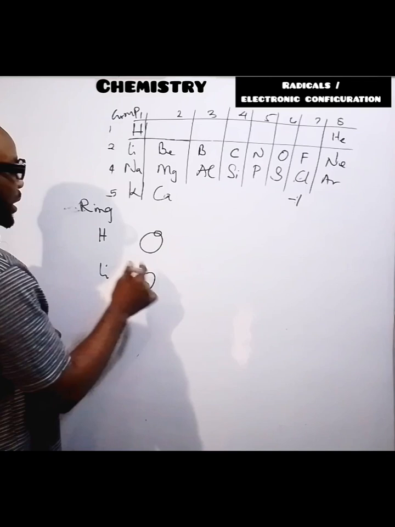I'm doing SPDF, don't forget. 4s, 4p, 4d, 4f, 5s, 5p, 5d, 6s, 6p, 6d, 7s, 7p. I can have it in this order, and you can see that the arrow is coming down.